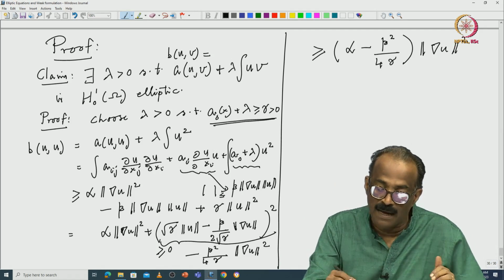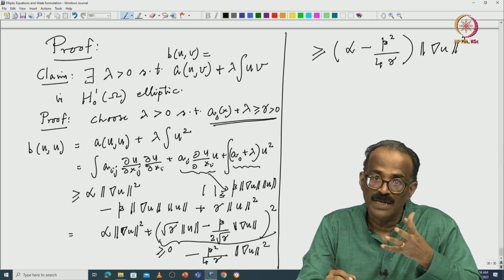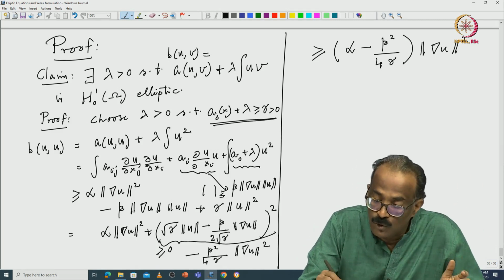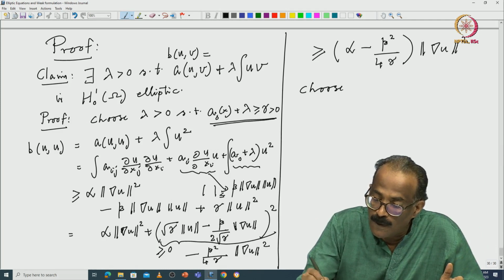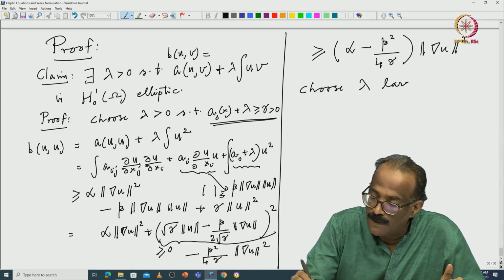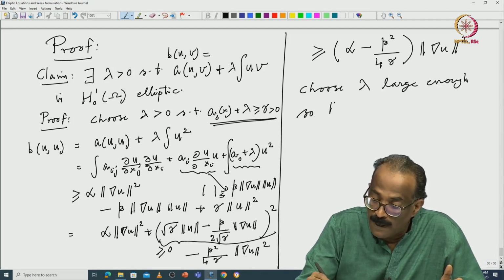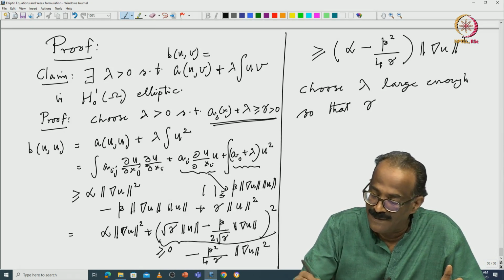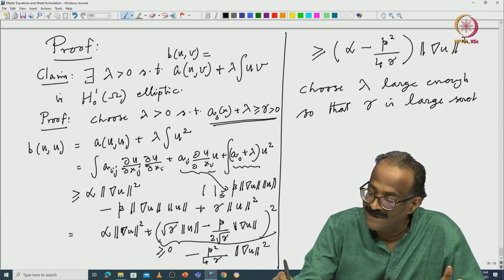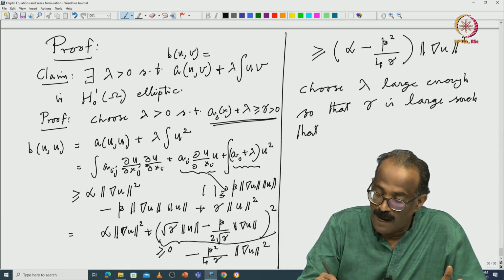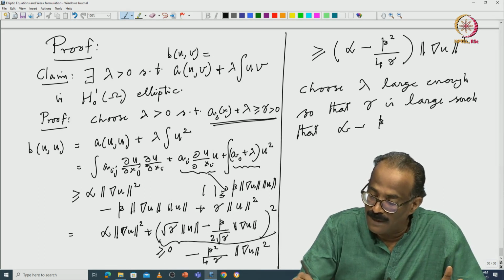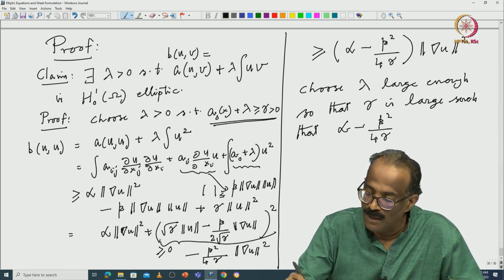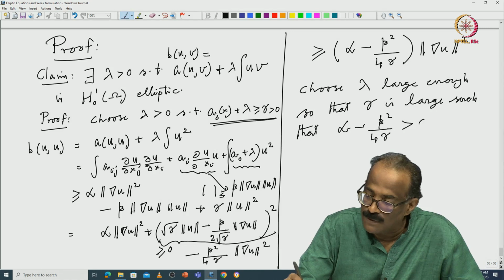So, if lambda is much bigger, you can choose gamma large enough, such that alpha minus beta square by 4 gamma, because gamma is large, this can be made small. So, this can be greater than 0.